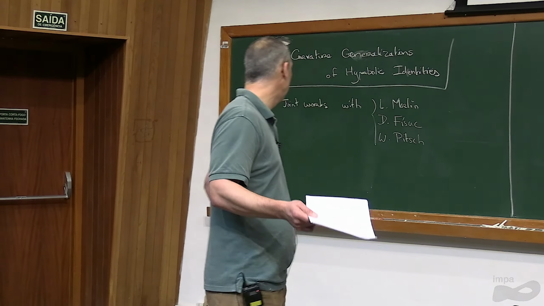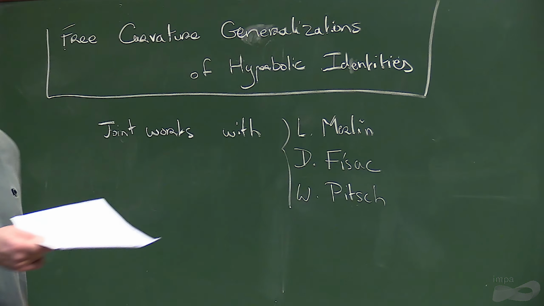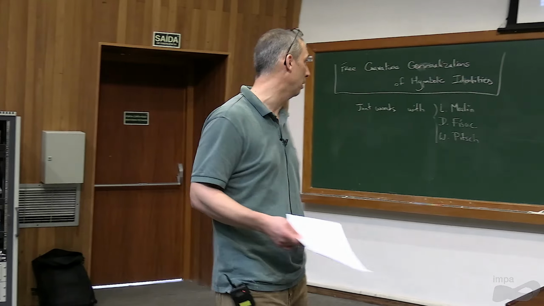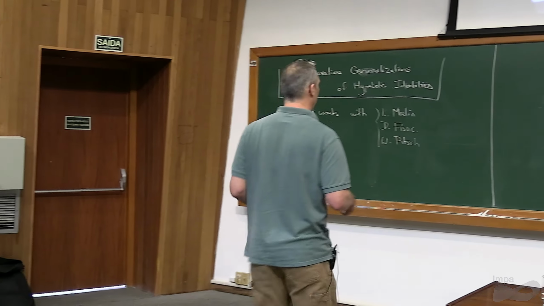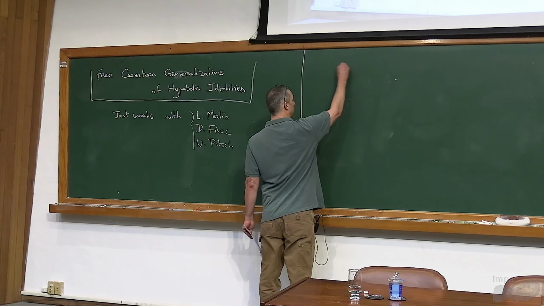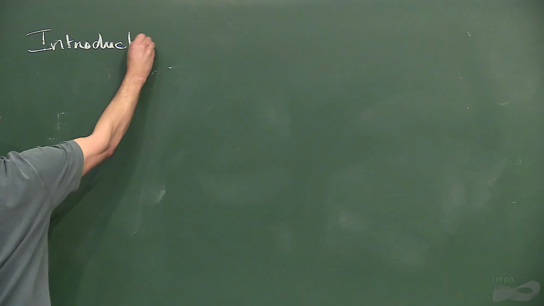And we would like to generalize these formulas to general Riemannian metrics without any curvature assumption. It will be clear with my introduction what the objective is. So let's start with two examples of such generalizations.